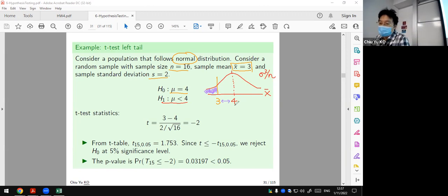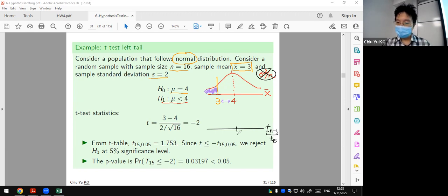And to calculate this area, the way to proceed is, because we actually don't know this sigma, this cannot be calculated directly. So what you have to do is convert this to what we call the t n minus 1. In this case, it's just t15 here, and this becomes 0.